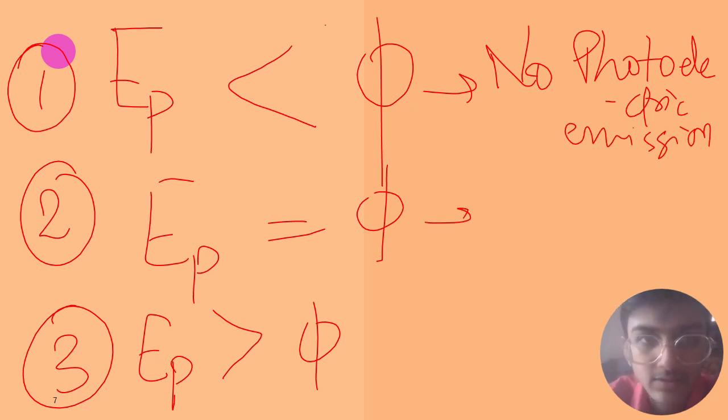Now the second condition, when this energy equals the work function of the metal. Work function is the minimum amount of energy, and now this photon is coming with energy equal to the work function of the metal.